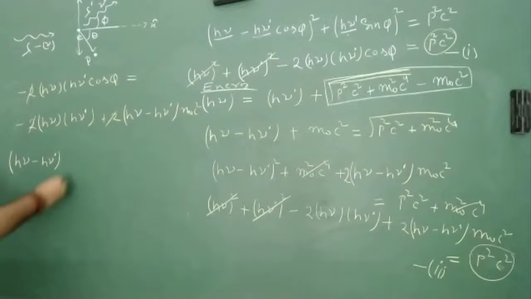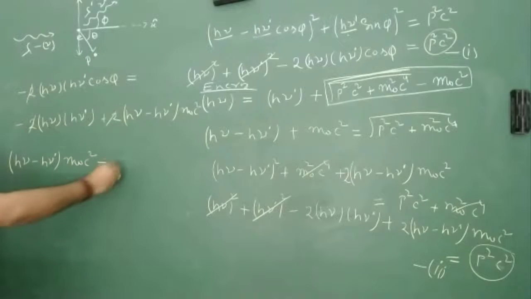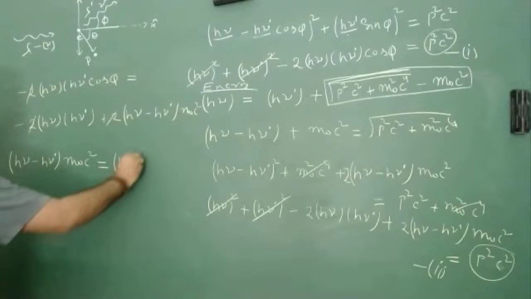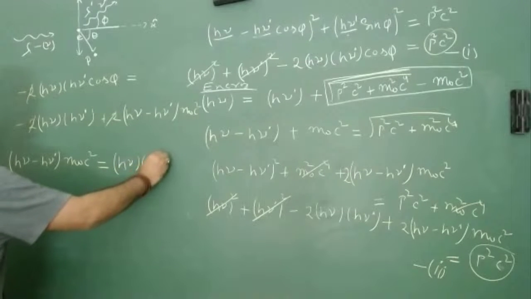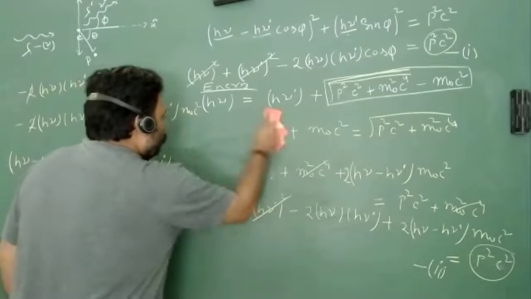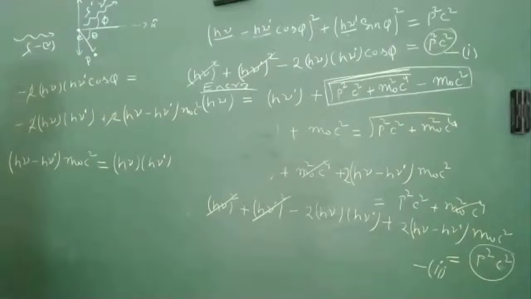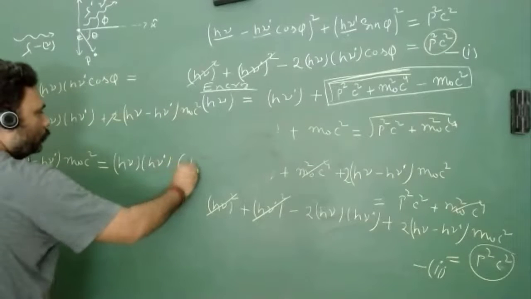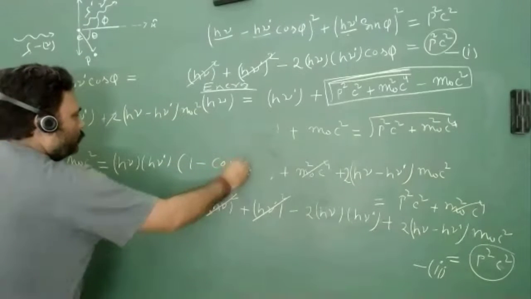You can take m naught c square is equal to h nu into h nu dash, this will be plus on this side, and finally we have 1 minus cos phi.